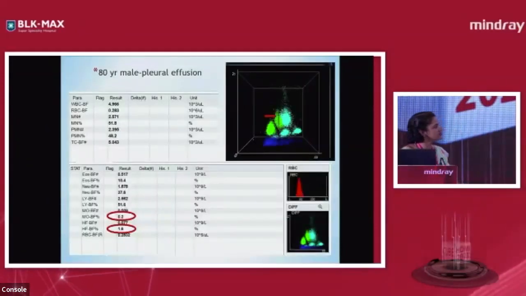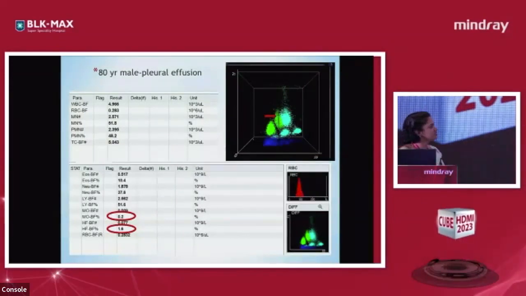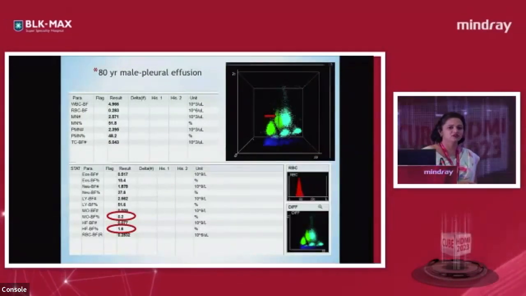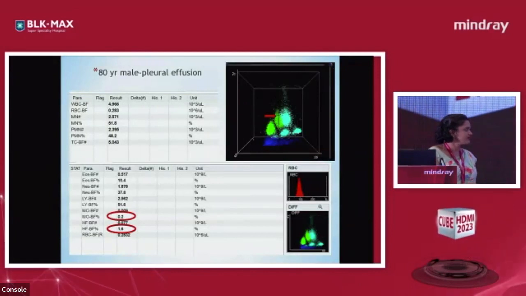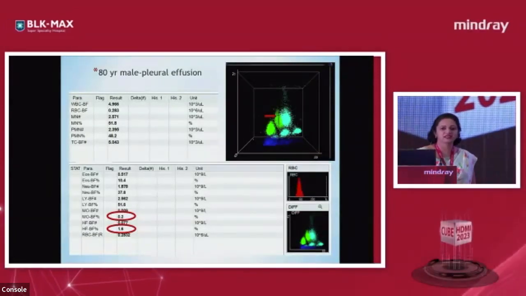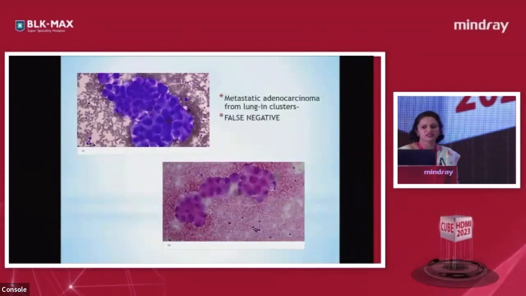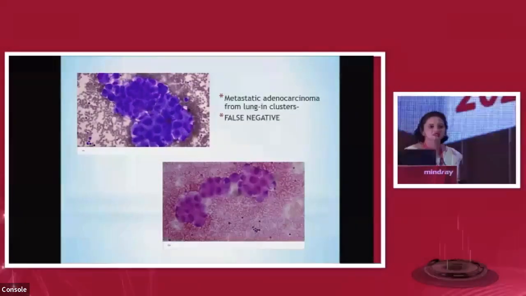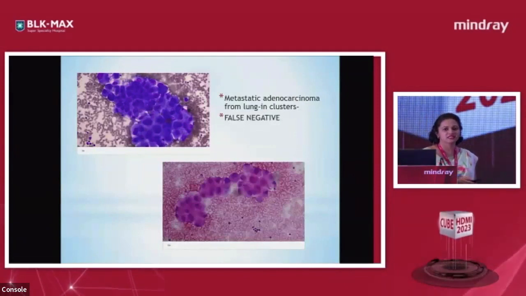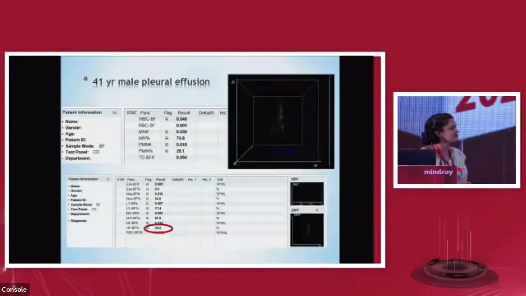The next case is almost similar to the previous case, where the HFBF area is showing a good number of cells, but the HFBF percentage by the analyzer is just 1.6%. And this is the microscopy. Again, here it is showing no dispersed population, but a good number of sheets and clusters of malignant cells.